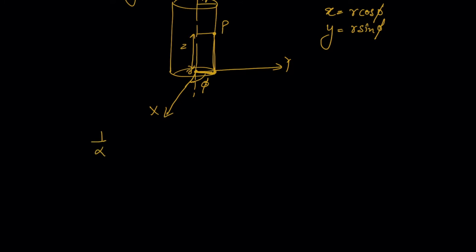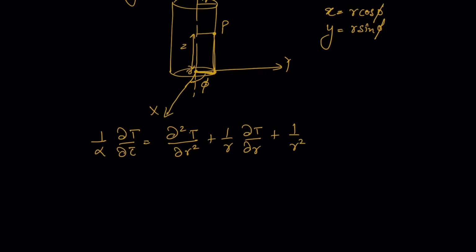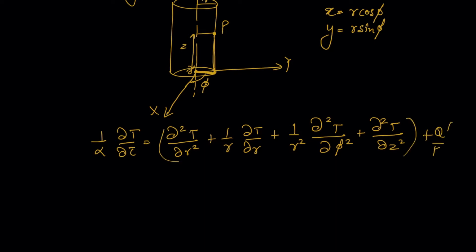It is 1 by alpha del T by del tau equals del square T by del r square plus 1 by r del T by del r plus 1 by r square del square T by del phi square plus del square T by del z square plus q dash by k.